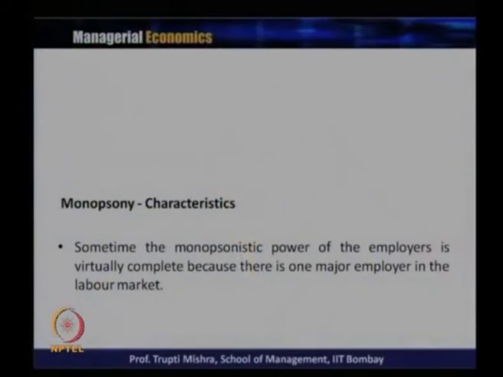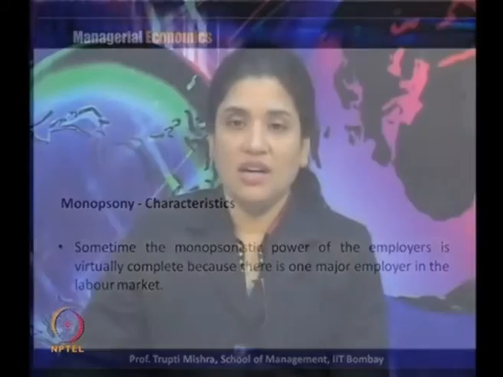Sometimes this monopolistic power of the employer is virtually complete because there is one major employer in the labor market, and in this case they generally enjoy the maximum monopolistic power because they are the single buyer, or they are capturing the majority market share of the typical input. Suppose we take an example of how this cost changes in case of a monopoly and how we get the equilibrium in case of a monopoly market.